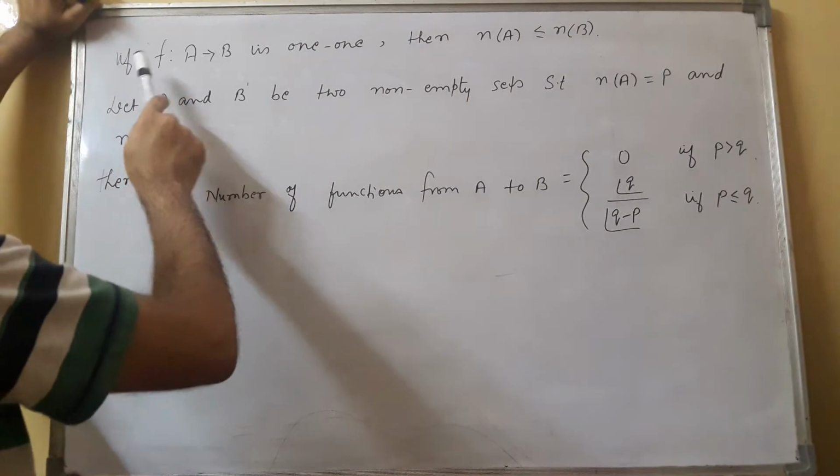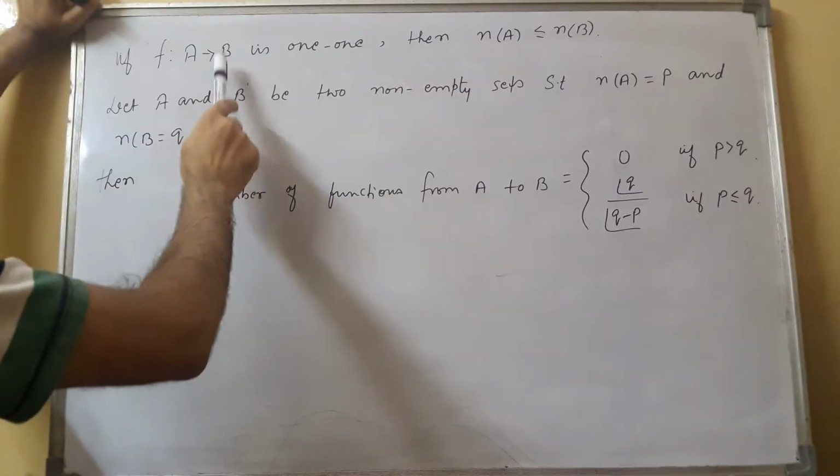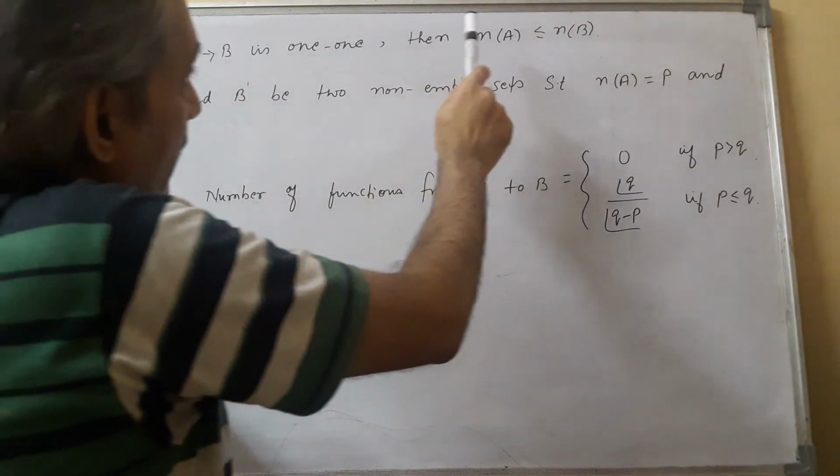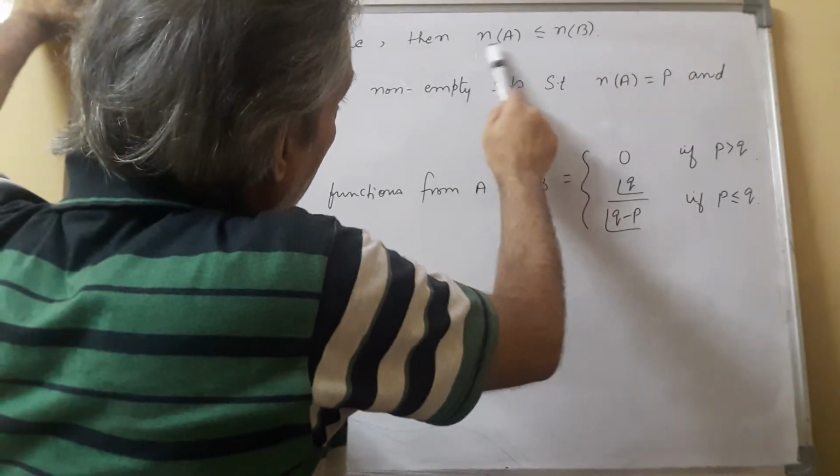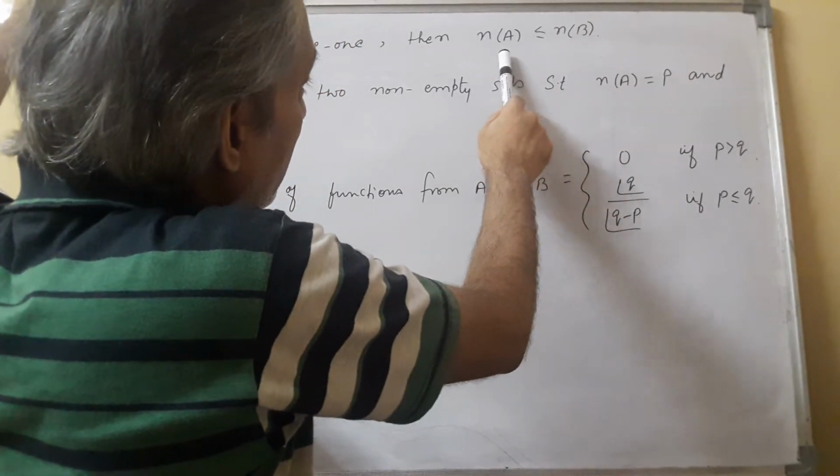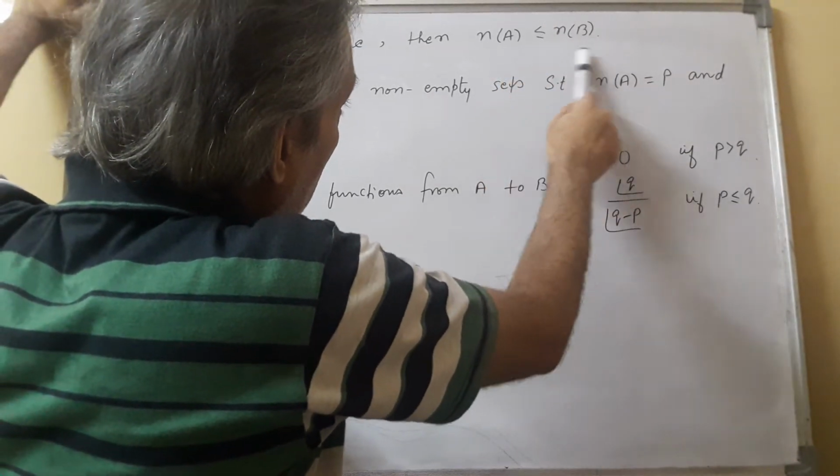We have written, if f from A to B is 1-1, then n(A), the number of elements in set A, should be less than or equal to n(B).